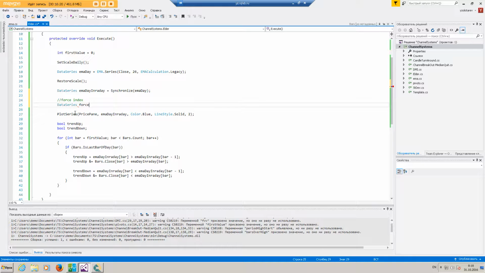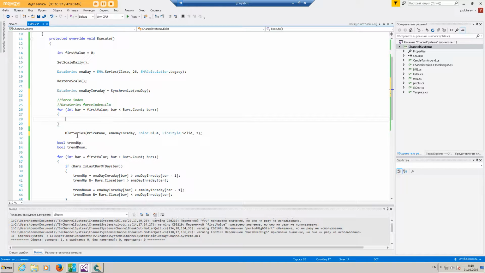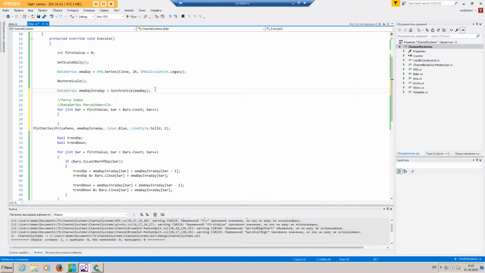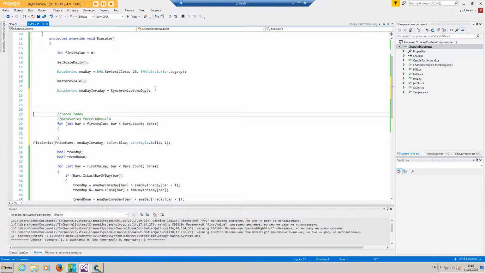Force index is gonna equal to... can't do that. We're gonna have to do this for the force index, right? This should go here. Okay.